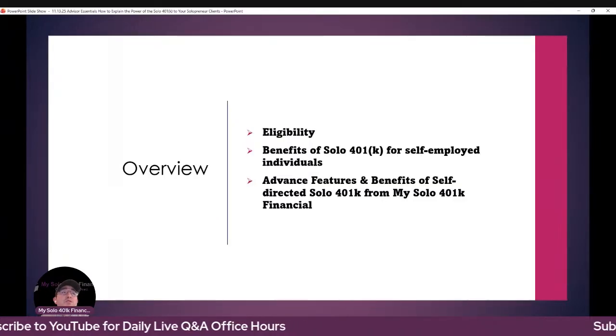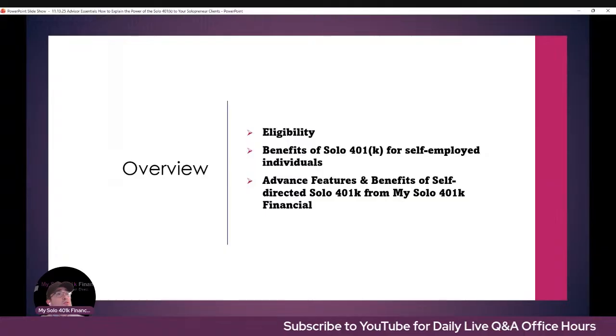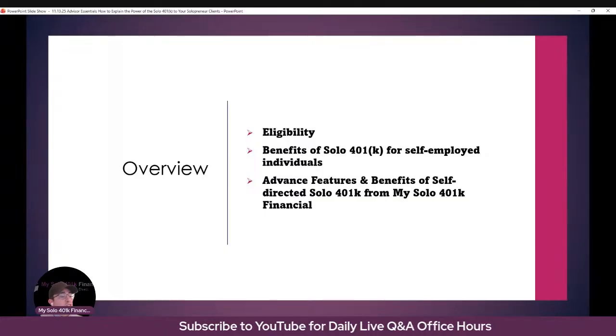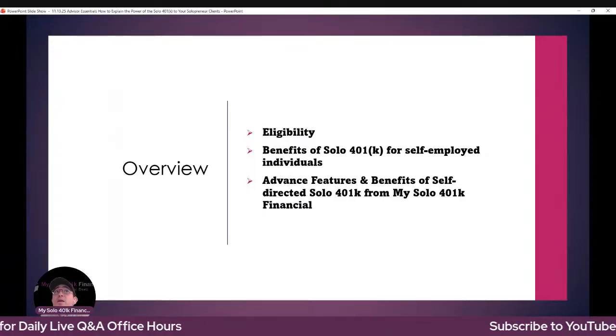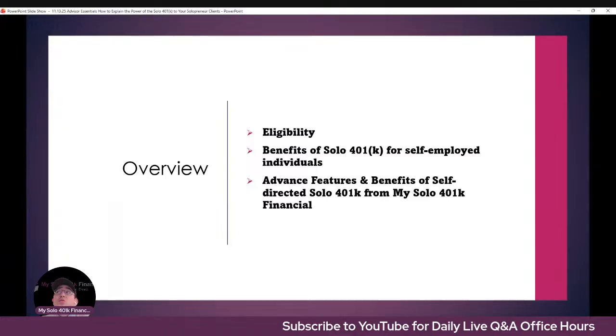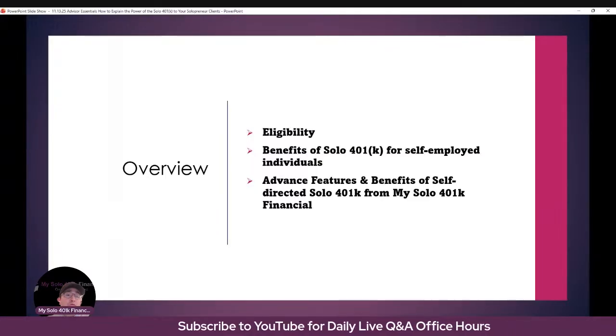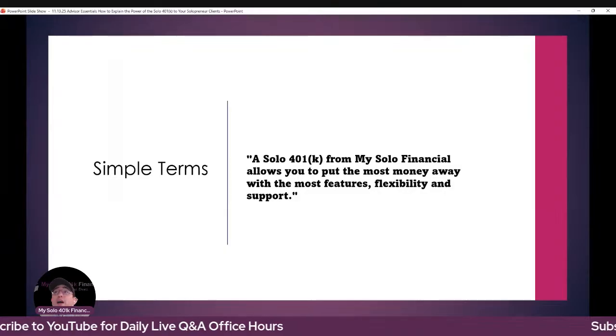Then the benefits of a solo 401k plan for self-employed individuals generally, and then the advanced features and benefits of a truly self-directed solo 401k plan like the one offered by my solo 401k Financial. And also, based on our experience, ways to explain it to unlock the understanding for the potential solopreneur client.